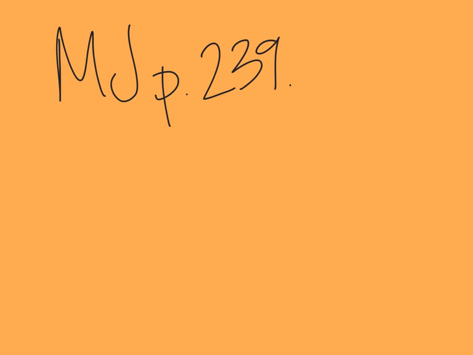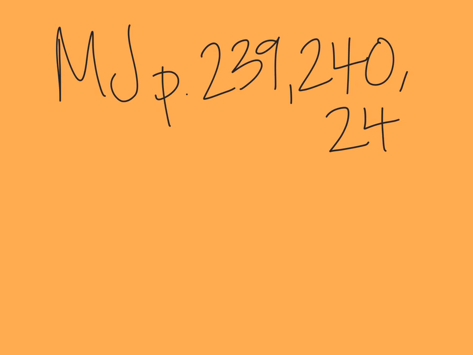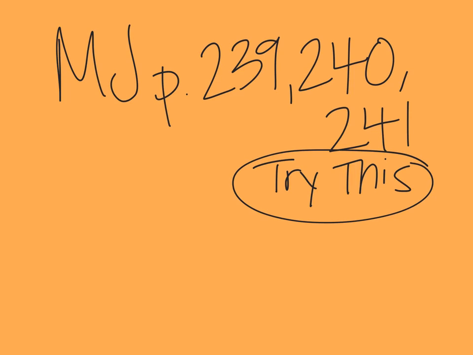Your assignment today is to complete Math Journal pages 239, which is your math box, 240, which we started together, and page 241. You do not need to do the Try This, so I'm going to write Try This and then show you not to do that.